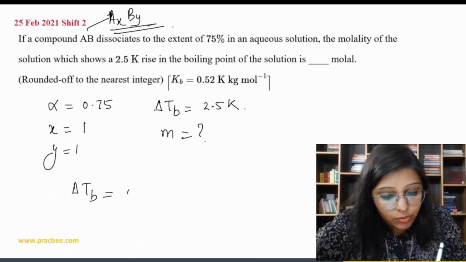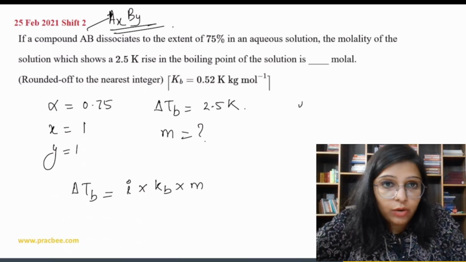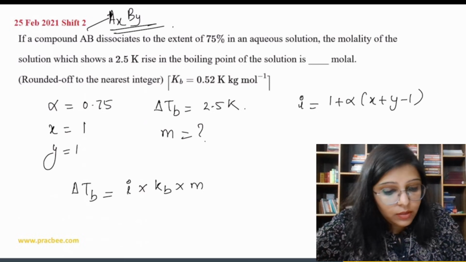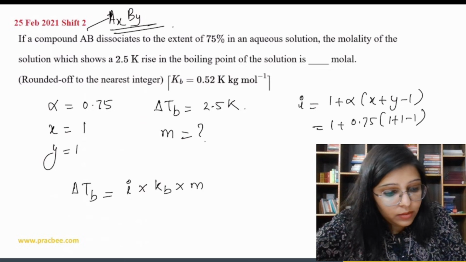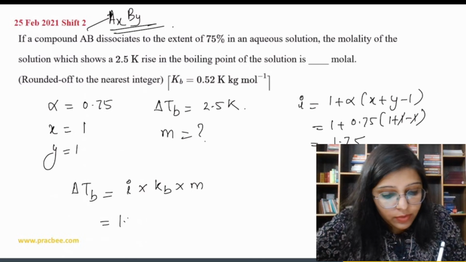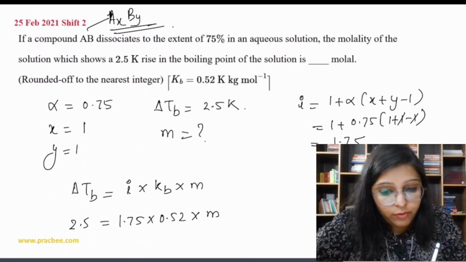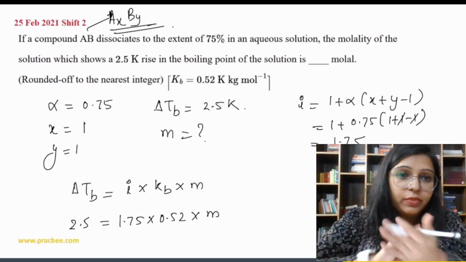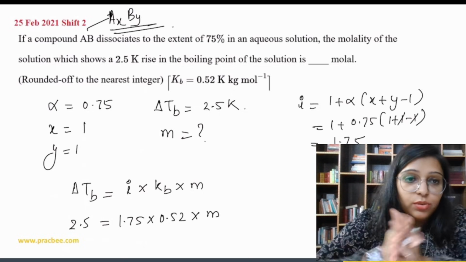Delta Tb is equal to i into Kb into m. I, how to find? 1 plus alpha times (x plus y minus 1). So 1 plus 0.75 times (1 plus 1 minus 1). So we get 1.75. So i is 1.75, Kb is 0.52, molality we have to find, and here we have 2.5. Either we say 2.5 Kelvin rise, or we can say 2.5 degrees Celsius rise. That is going to be the same.